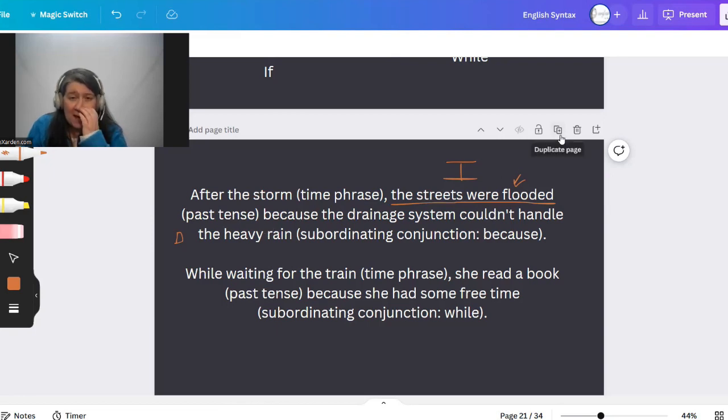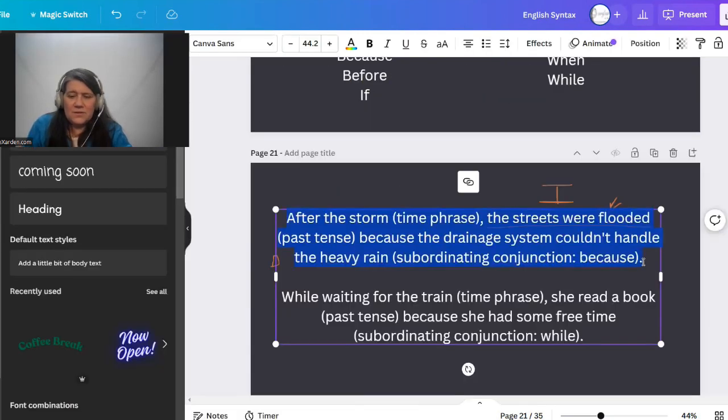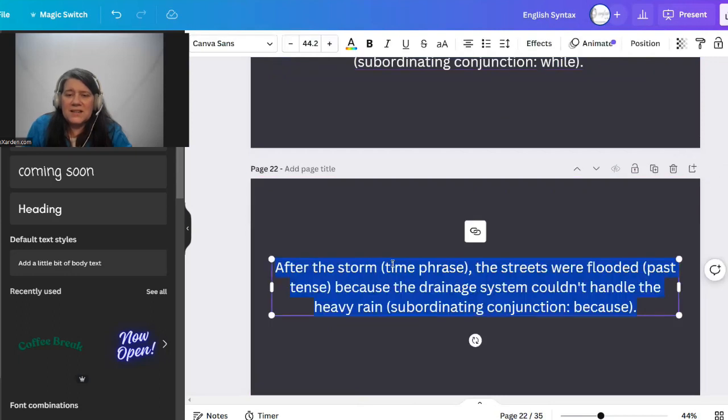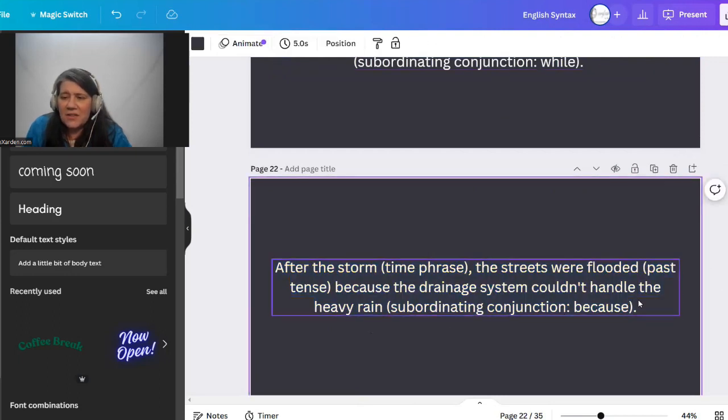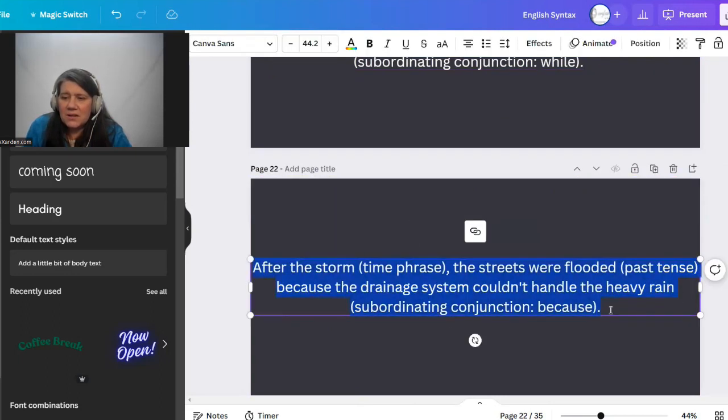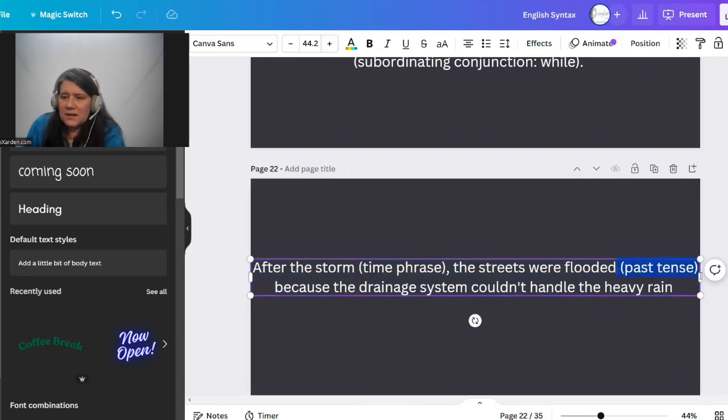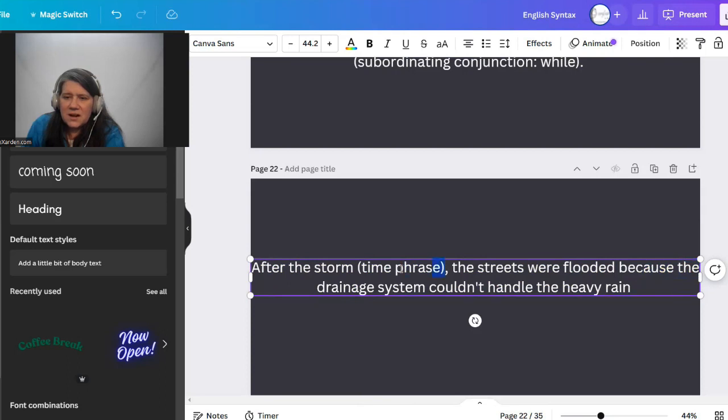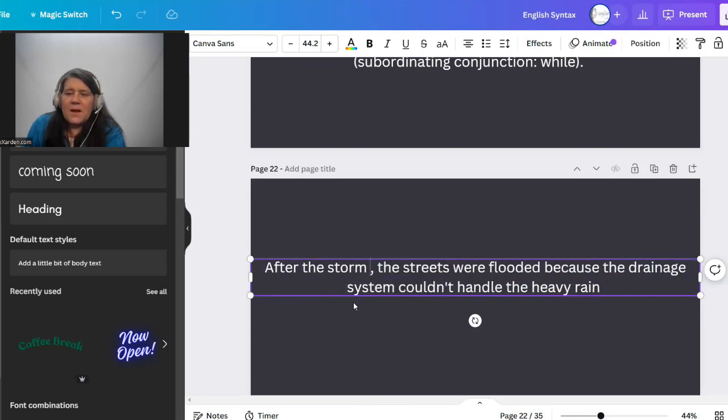Now, we can put this together in the exact same way. And we're going to parse it out like we did in other videos. So let me get rid of all of the little explanations that are in here. Okay. Let's break it down to its very basic two parts.